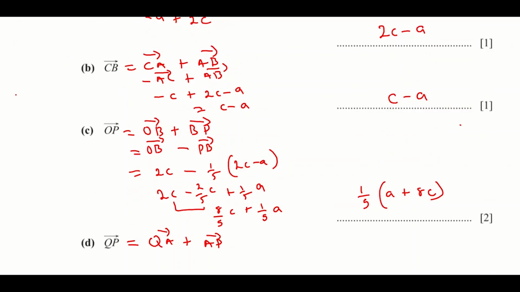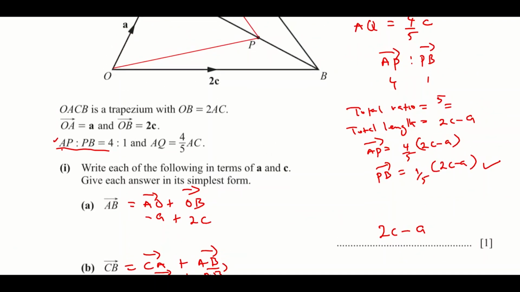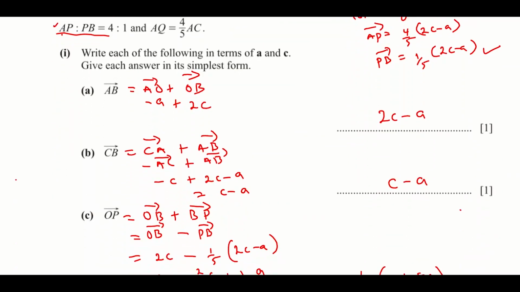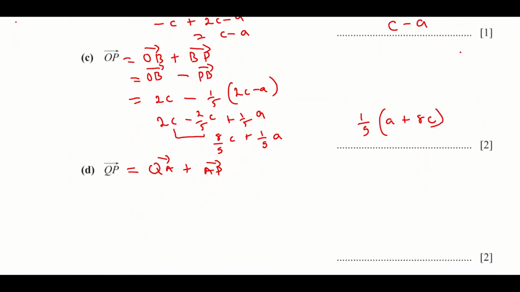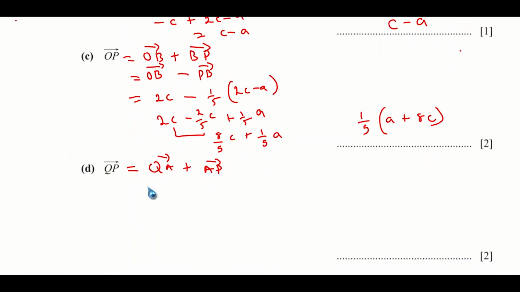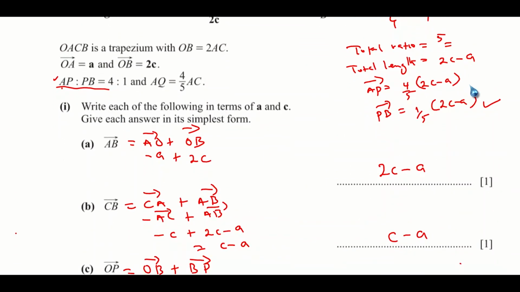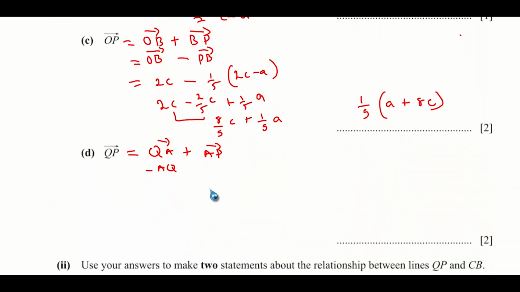But if you scroll up a little bit, you can see that we have AQ to be equals to 4 over 5C. So this QA will be equals to minus AQ. So we can write this, then plus AP. I think we have AP. Yes, this is AP here. So we are good to go. So plus AP in this direction.